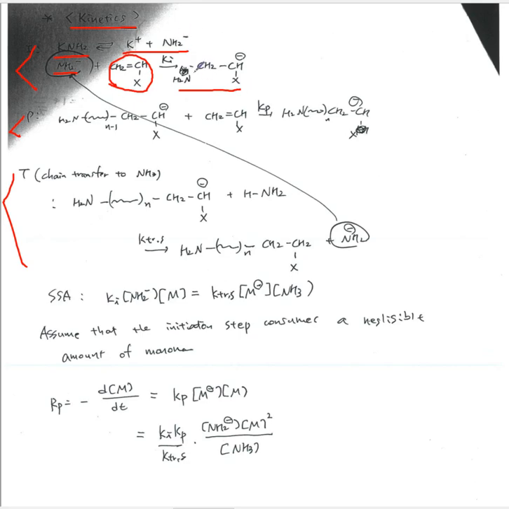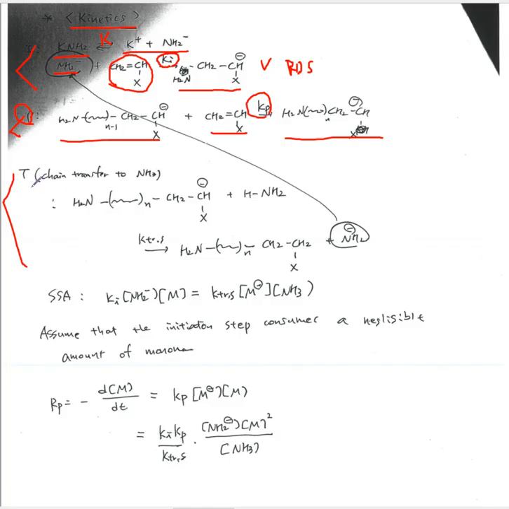In this case, the second reaction is the rate determining step, with the initiation rate constant Ki, and here I can also denote the equilibrium constant. For propagation, this anion reacts with monomer, forming a longer chain, right, with rate constant of Kp.